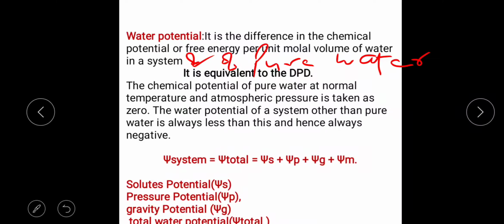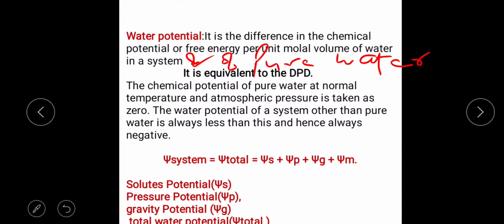So it is also equivalent to the DPD in that way. So the chemical potential of pure water at normal temperature and atmospheric pressure is always taken as 0. The water potential of a system other than pure water is always less than this and hence always negative.